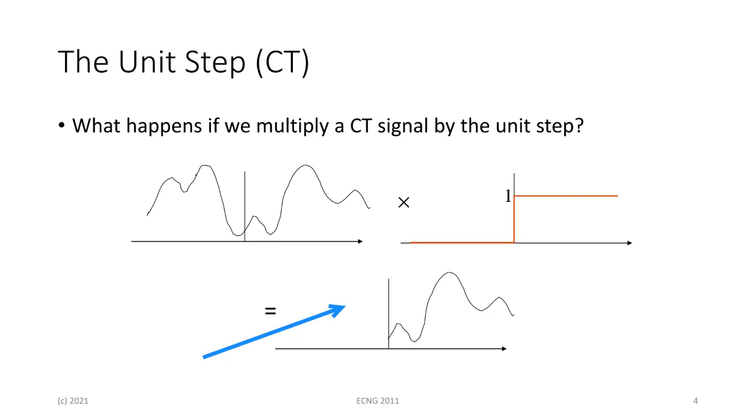So it basically chops off everything before 0. And the only thing that you have after 0 is the signal. 1 times the signal replicates the signal. All right. So every time you multiply a continuous time signal by the unit step, you basically remove everything that happened before t equal to 0.